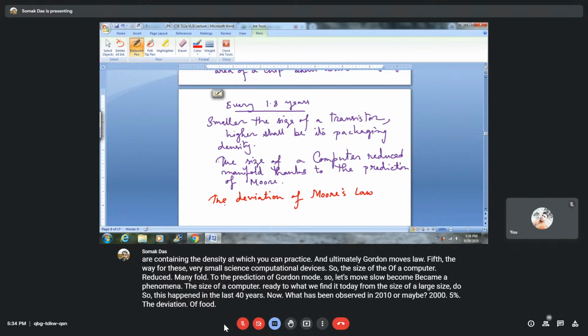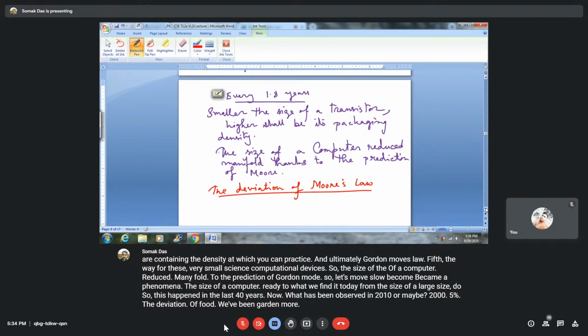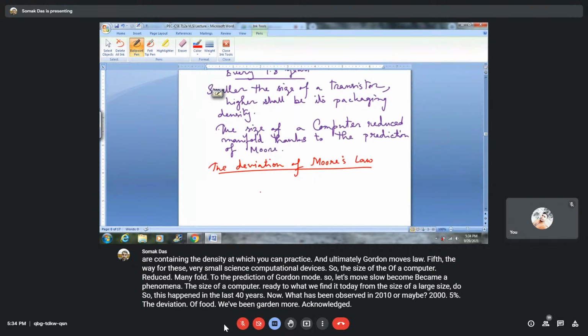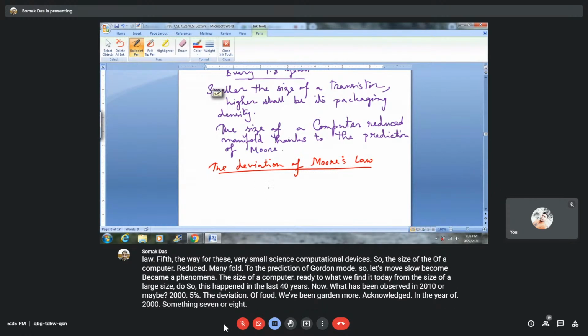Even Gordon Moore acknowledged in 2007 or 8 that yes, his prediction or hypothesis is not followed nowadays.